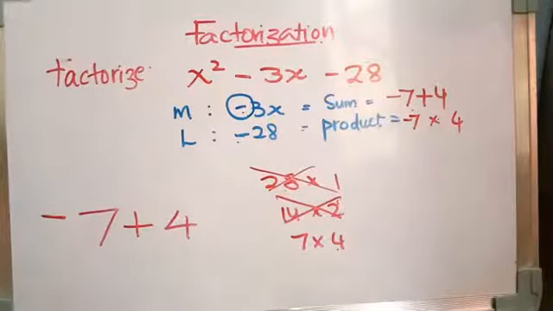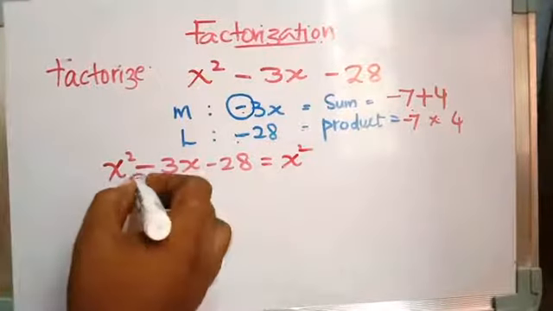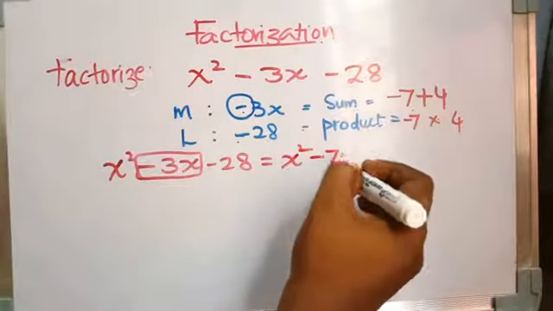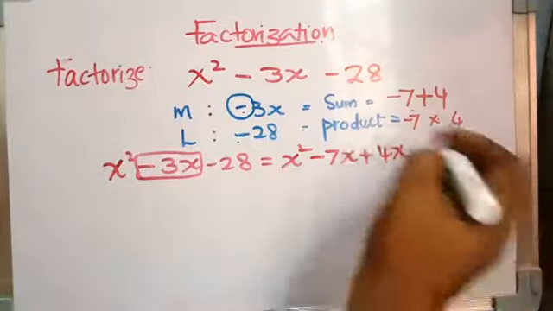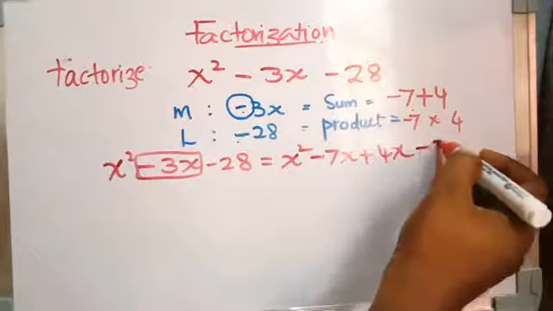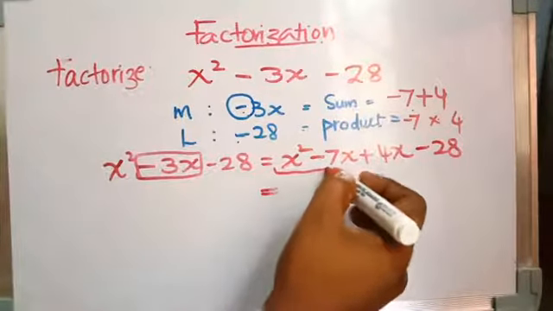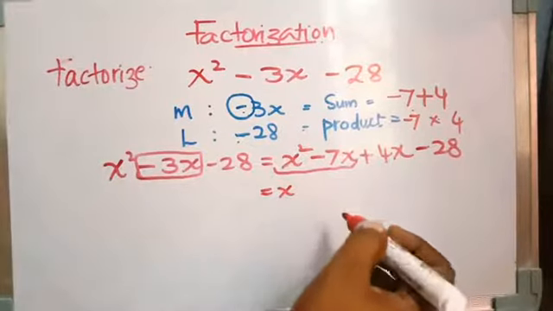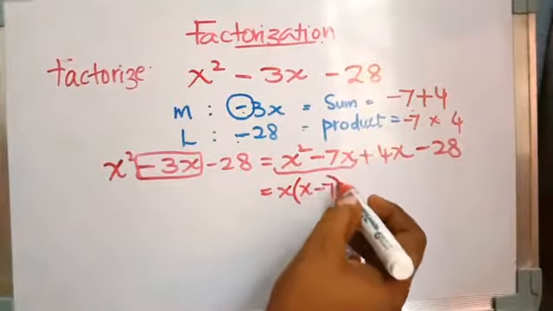So let's see the factorization. x squared minus 3x can be written as minus 7x plus 4x, and the remaining term is minus 28. Take the first two terms. The common term is x. So we get x minus 7 in the bracket.